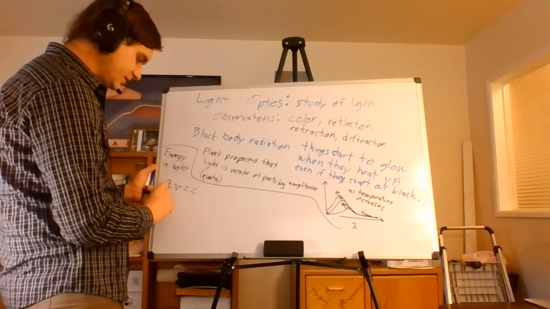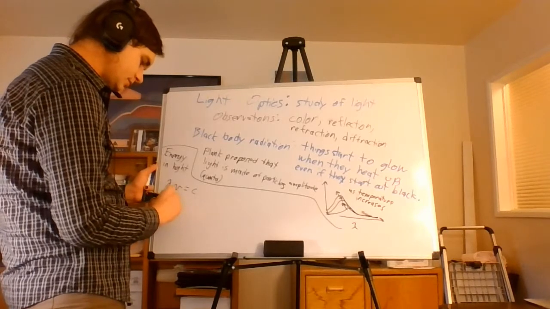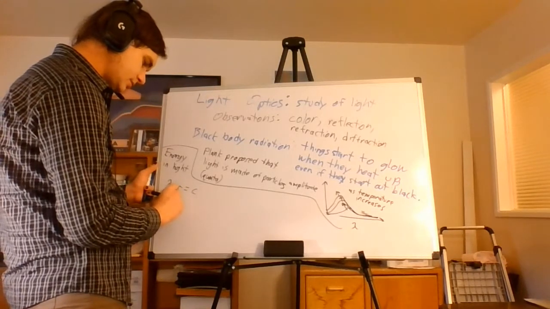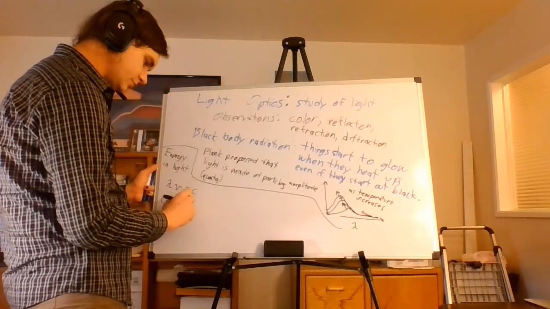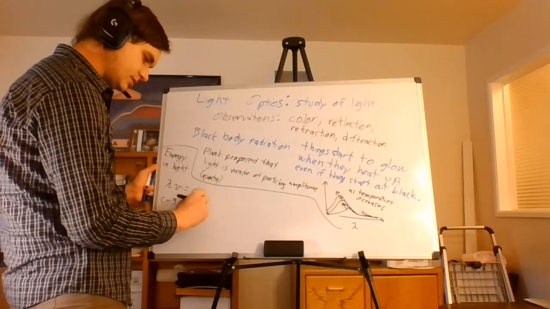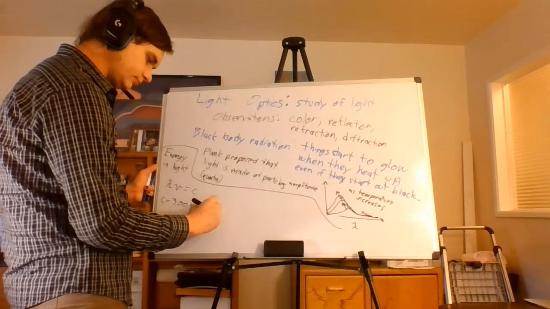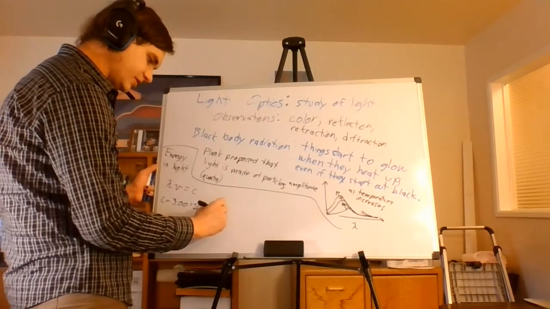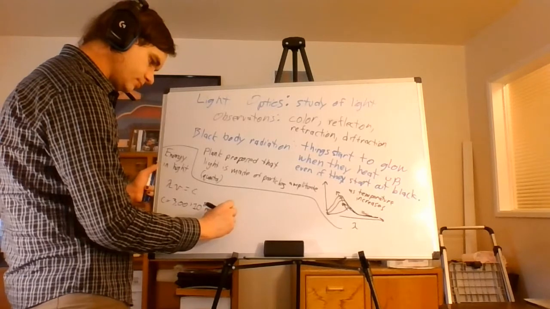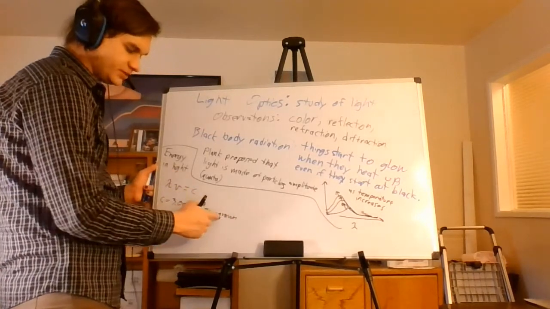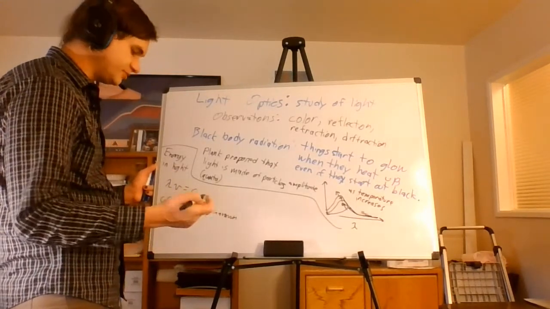So the value of c is 3.00 times 10 to the 8 meters per second in a vacuum, which is essentially its maximum speed.